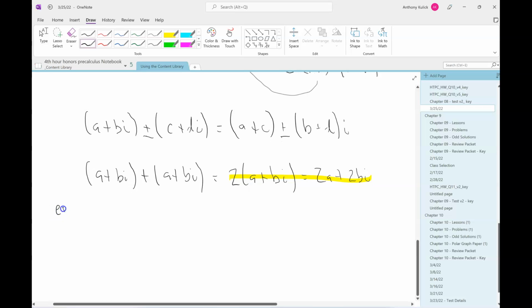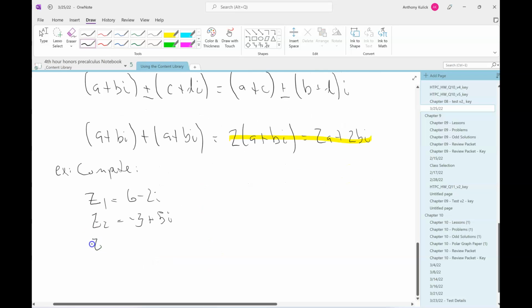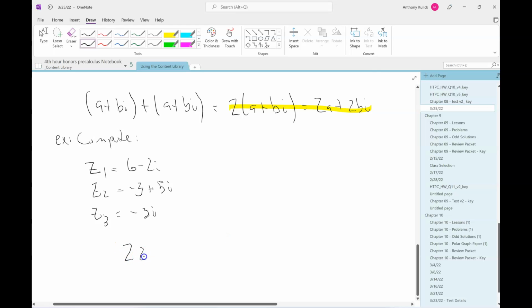So if I wanted to compute, and say we have Z1 is, I don't know, 6 minus 2i, and Z2 is negative 3 plus 5i, and then maybe Z3 is negative 3i. And we want to do 2Z1, or Z1 minus 3Z2 plus 5Z3.